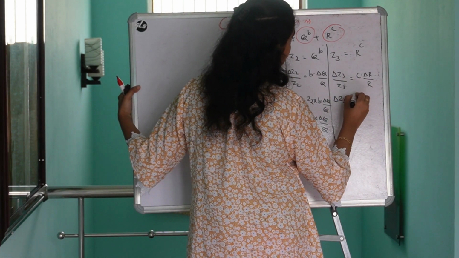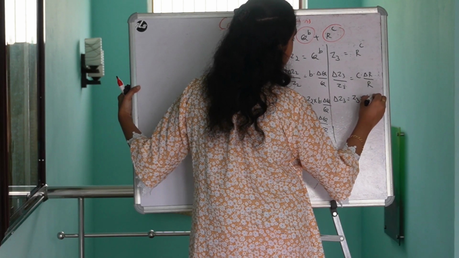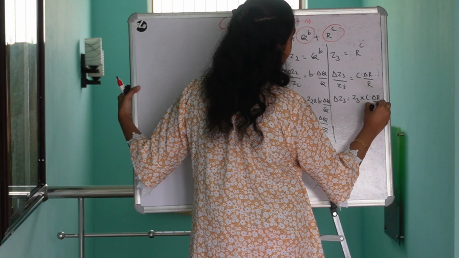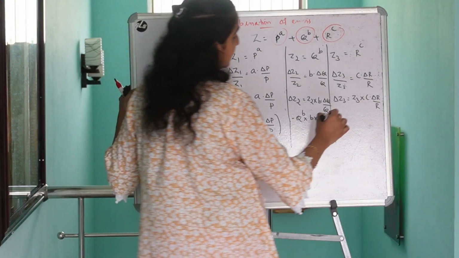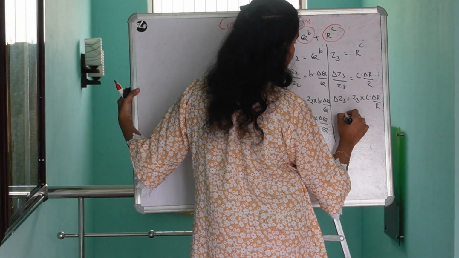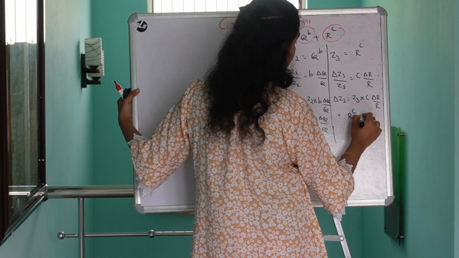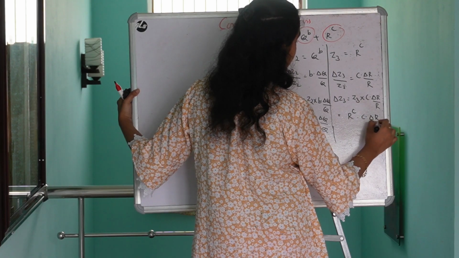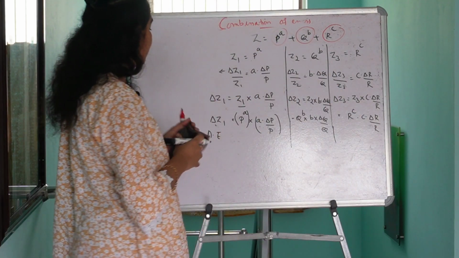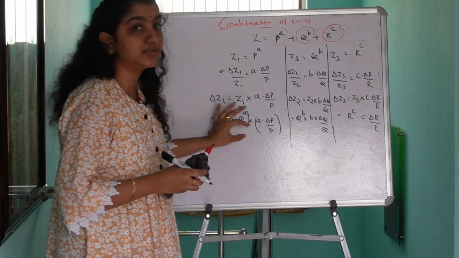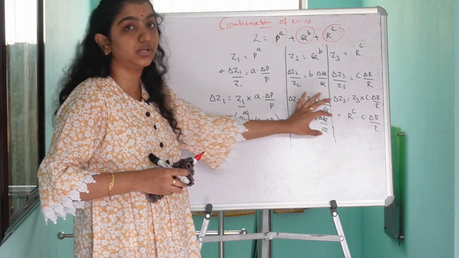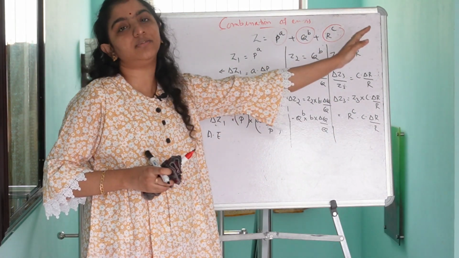Del Z3 is equal to Z3 into C into del R by R. Is it clear, guys? So now Z3 is equal to R power C into del R by R. Thus we found the absolute error in these individual measurements.